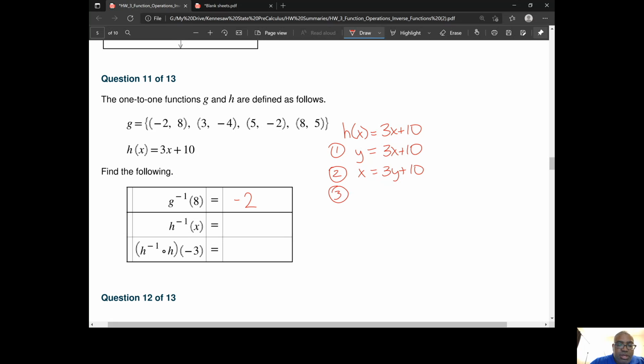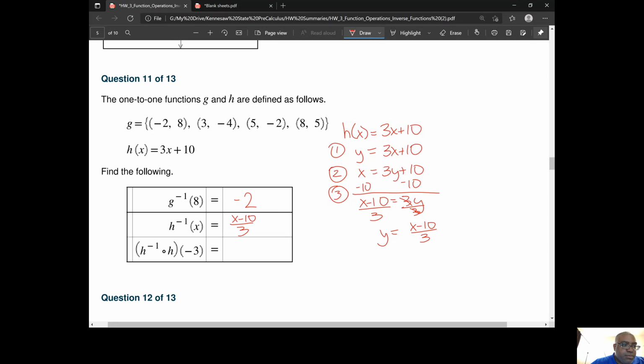Third step, solve for y. So we're going to subtract 10 from both sides. x minus 10 is equal to 3y. Divide by 3. And y is then equal to (x minus 10) over 3. There are a few different ways that you can write it, but we're just going to leave it like that.